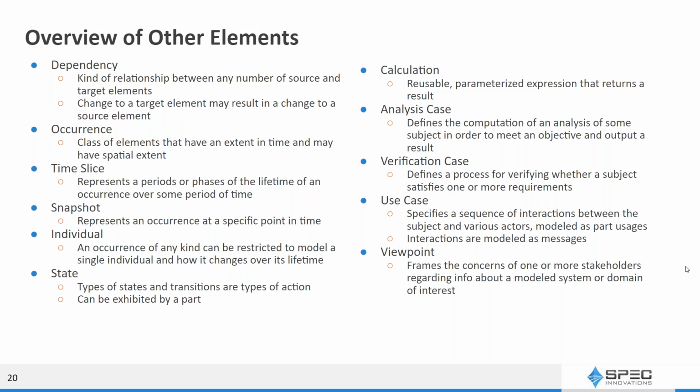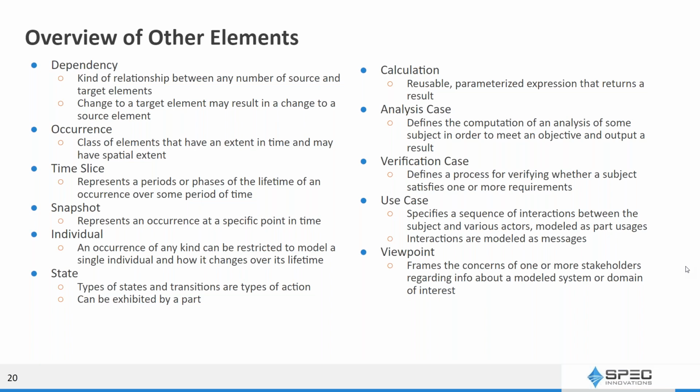So I'm going to give an overview of some of the other elements that I didn't go into depth on. So they've also defined a dependency, which is a kind of relationship between any number of source and target elements, so that any change to a target element may result in a change to a source element, as well as the overarching class called occurrence.